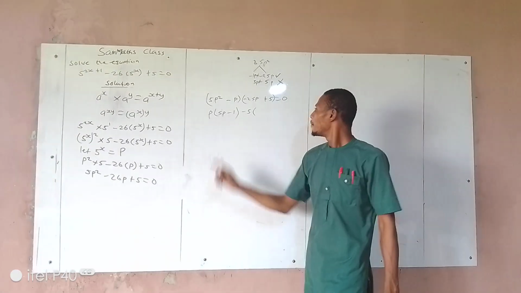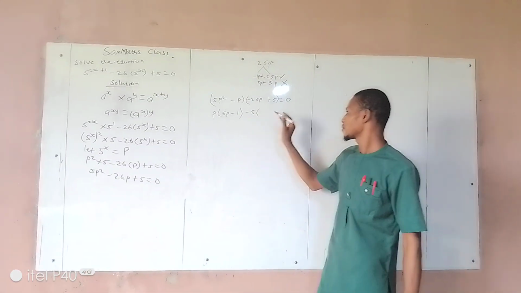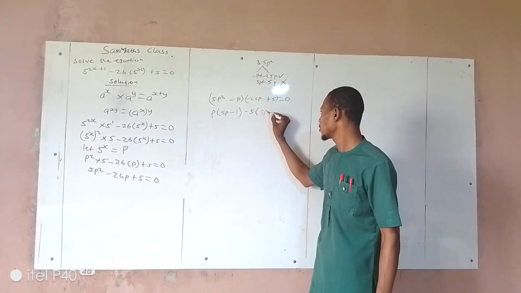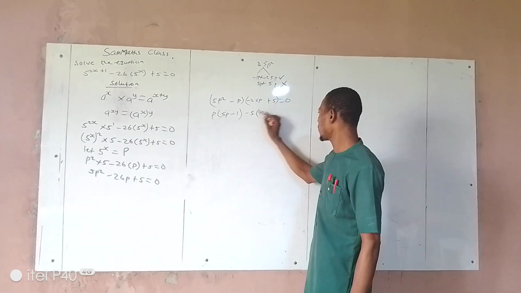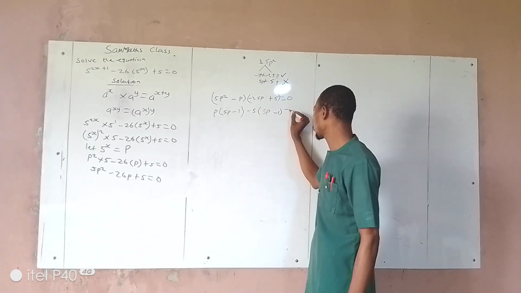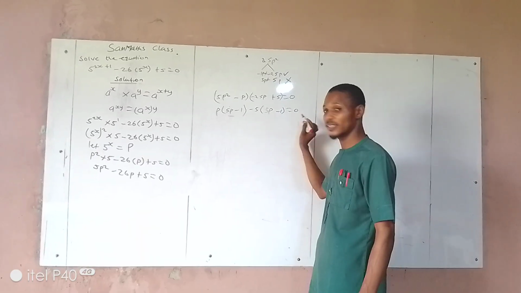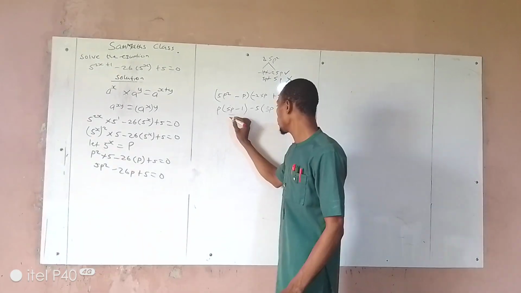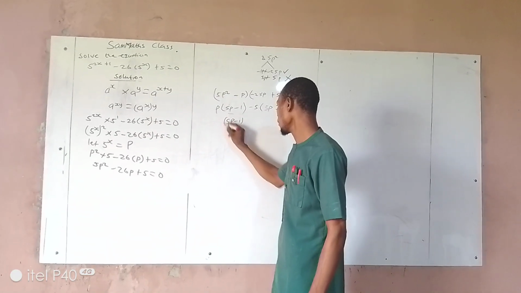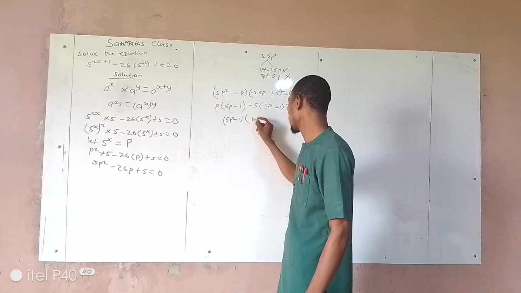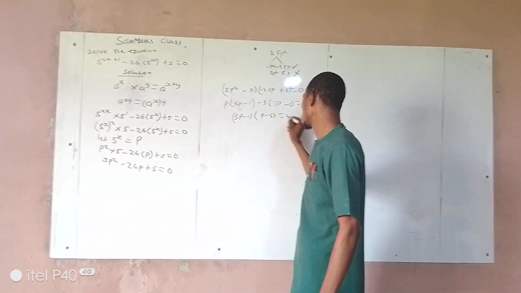Open the brackets: minus 25p divided by minus 5 is 5p, then plus 5 divided by minus 5 is minus 1, equals 0. Your two brackets are the same, so we take out the common factor again, 5p minus 1. What we are left with is p minus 5, equals 0.